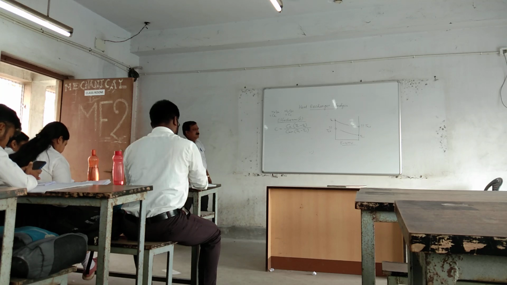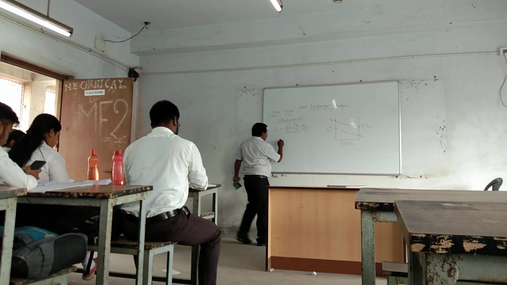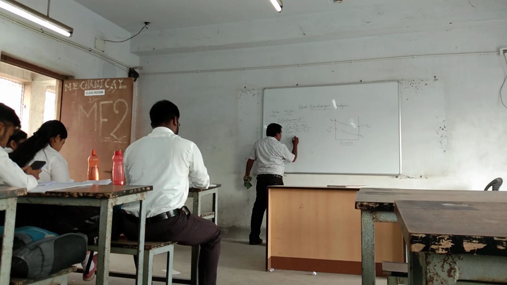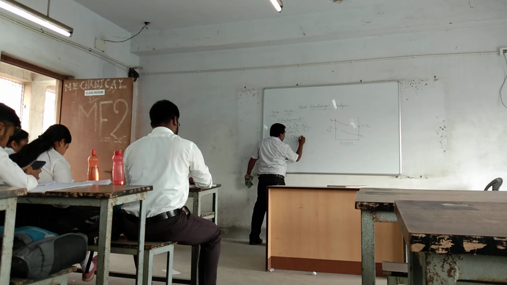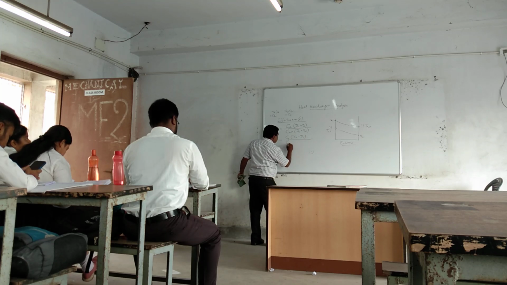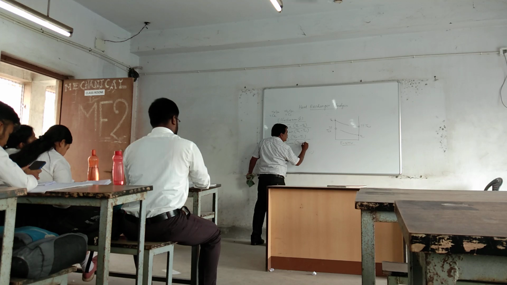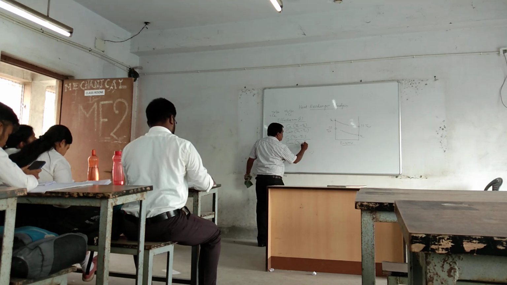That could also be written in this way for the cold fluid: CC times (TCO minus TCI) divided by C min times (THI minus TCI).